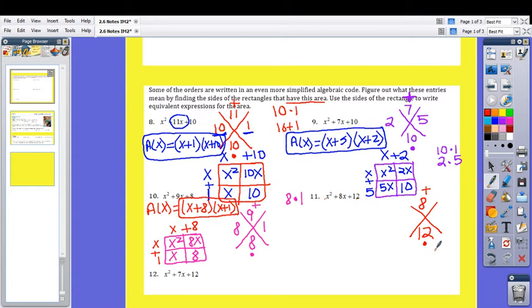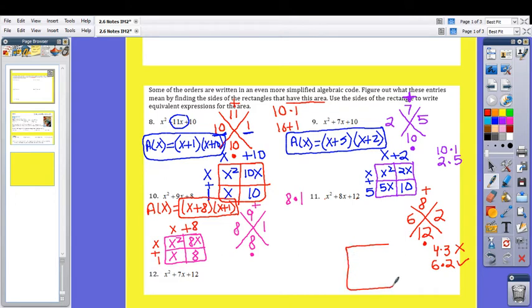If we do 4 times 3 that is 12, but 4 plus 3 is 7, not 8. So this one will not work. If we do 6 times 2, so 6 times 2 is 12, 6 plus 2 is 8, so we will use this one. So 6 and 2.